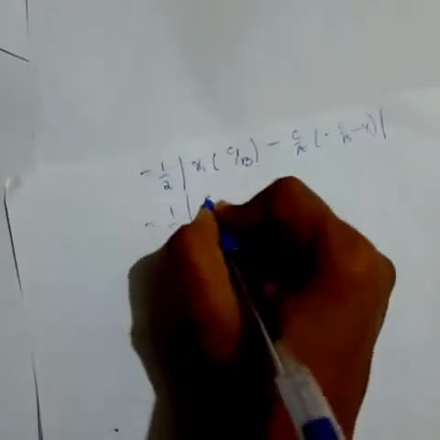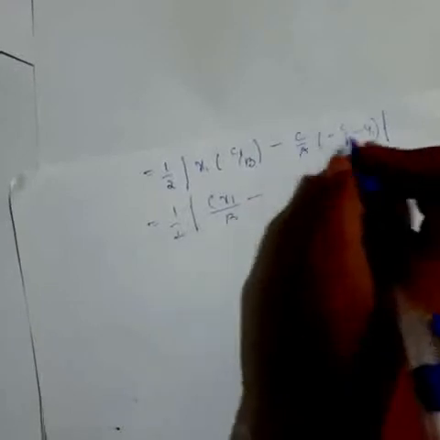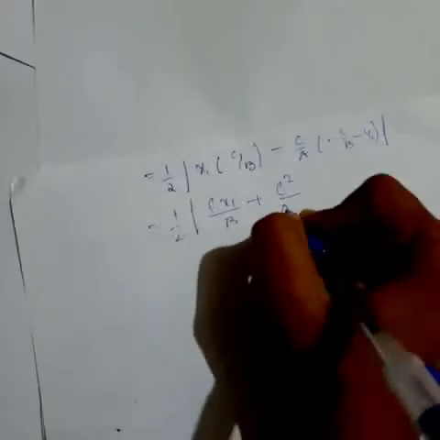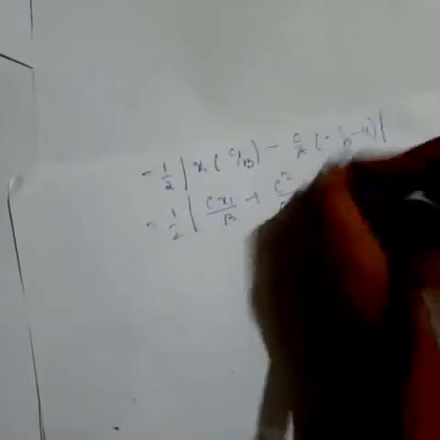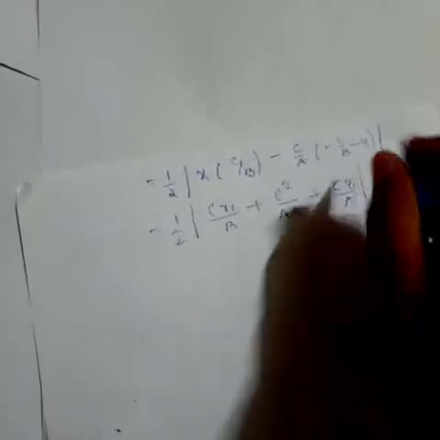Half x1 into this means c x1 divided by b. Multiply this, take it inside: minus into minus is plus, c into c is c square over a into b, and minus into minus plus c y1 divided by a.